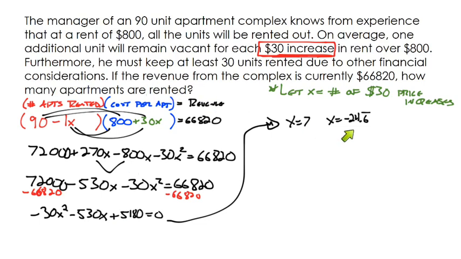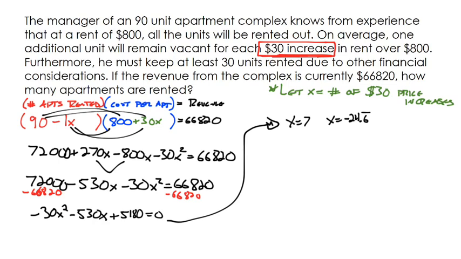Now, these are both valid solutions to this just as an equation, but when we think about the context of the problem, we're going to find that this is an extraneous solution. The reason is that it would mean our number of $30 price increases is negative 24.6.